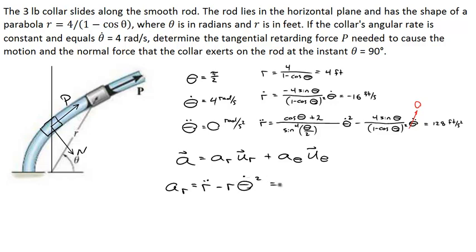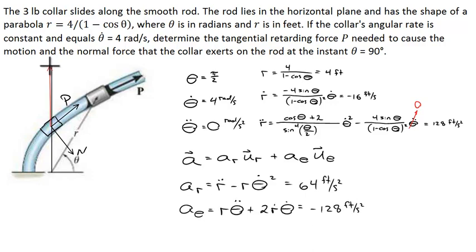And when I plug in numbers, now that I know those parameters, I have AR equal to 64 feet per second squared. And I can do the same thing for the transverse acceleration, a theta. That's equal to r theta double dot plus 2 r dot theta dot. And when I plug in numbers for those, I'll come up with negative 128 feet per second squared.